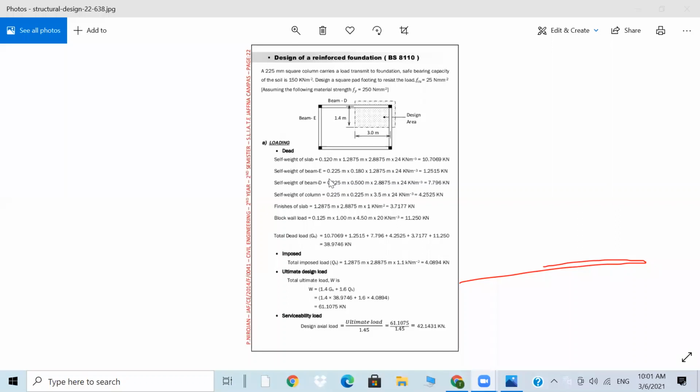But nowadays we use 460. You may be able to use the existing RB sections where 500 or 460 megapascal is considered.